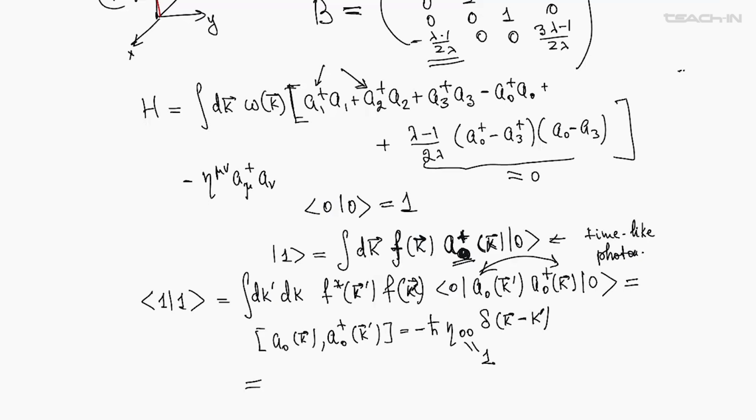And then what I find will be the following: minus h bar integral dk modulus of f on k squared, which is obviously an expression which is less than 0.